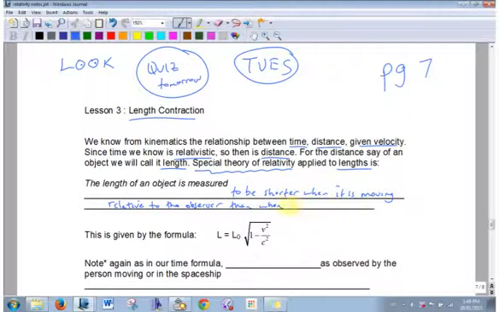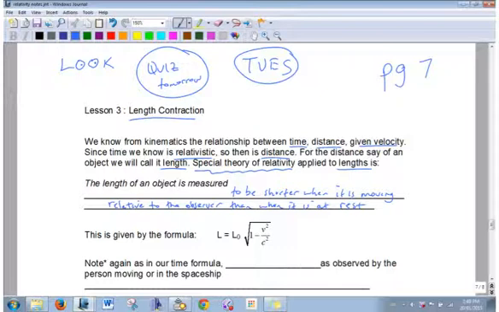How do we say that? When it is at rest. Okay? So just like time changes depending on what frame of reference you're in, so does any object.